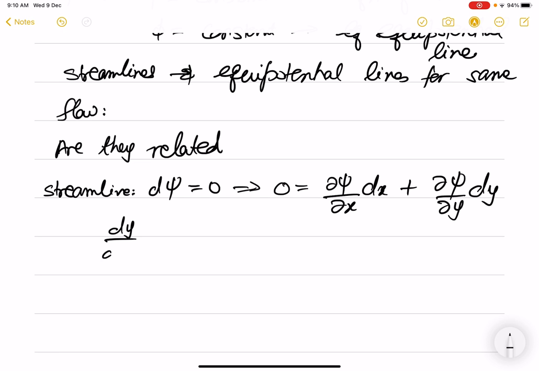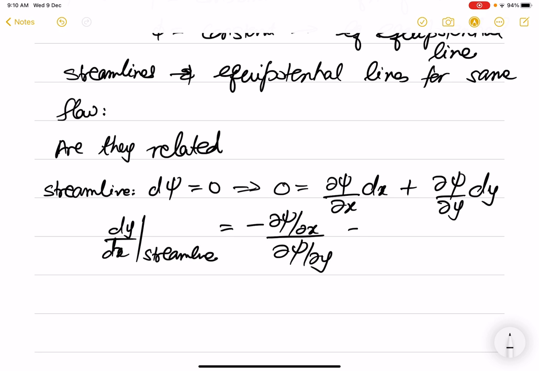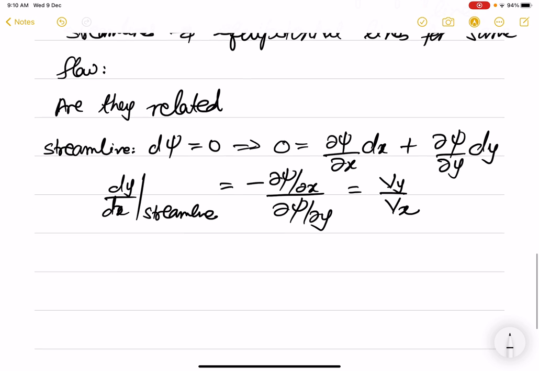And from here what we get is dy by dx, or the slope of a streamline, is equal to minus partial psi by partial x divided by partial psi by partial y, and this will be equal to Vy upon Vx. This we have already seen.